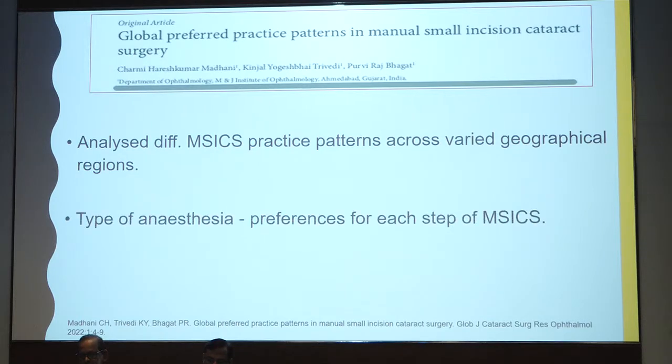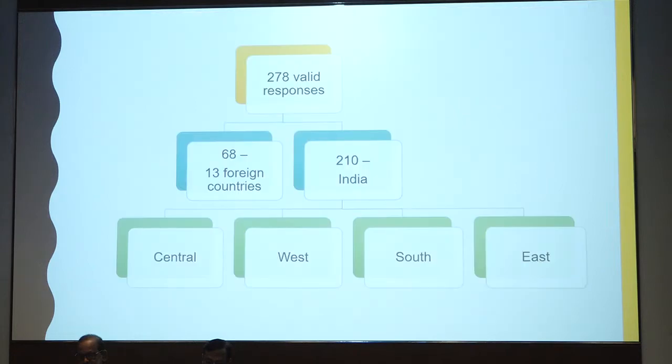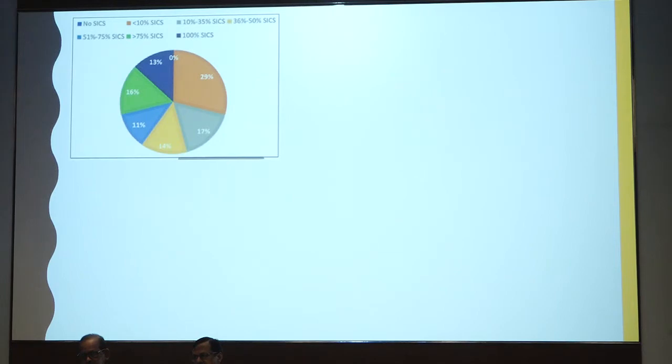And we studied the type of anesthesia and the preferences for each and every step of MSICS. So I'll share with you those results to understand this myriad of variations that exist. Through a questionnaire that was floated globally through various media, we received 278 valid responses which could be analyzed, out of which 68 were from 13 foreign countries and 210 were from different zones of India. So let us see what these variations are.